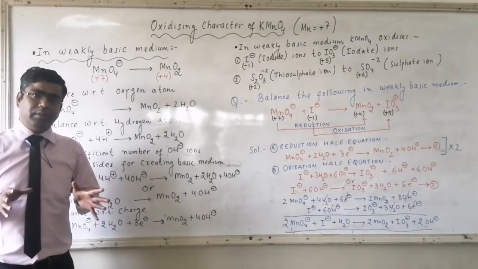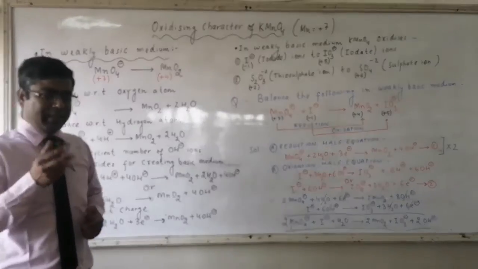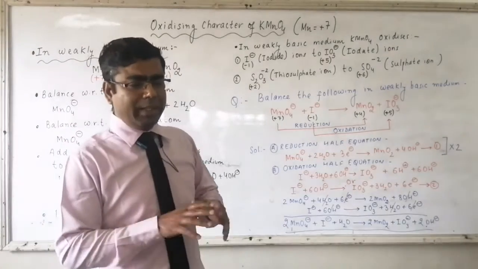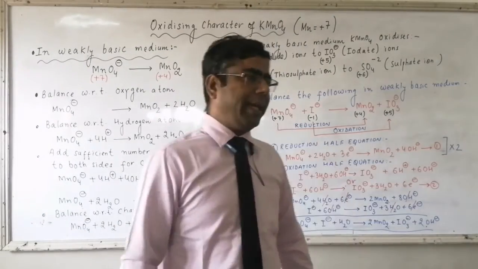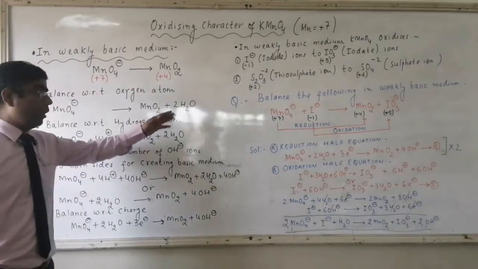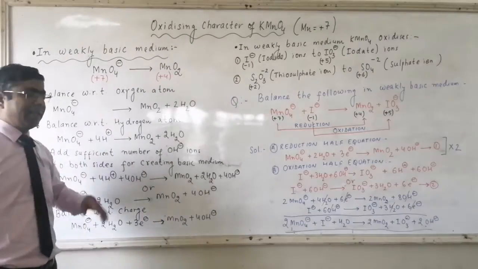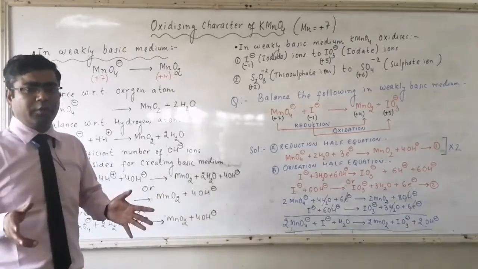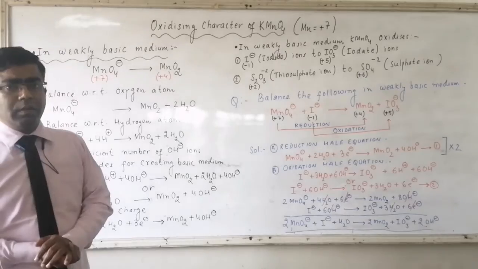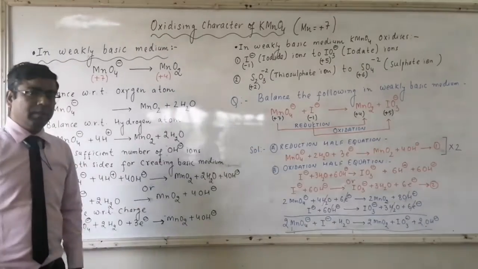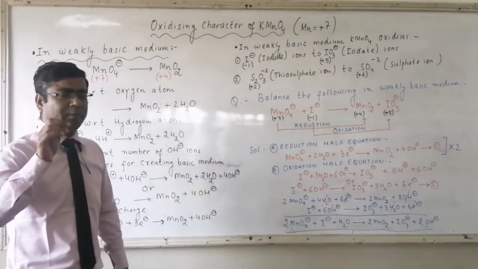And for this step, we add a sufficient number of water molecules. Now, step number 3: balance with respect to hydrogen. It is natural that when we add water molecules to the product side, the reactant side will fall short of hydrogen atoms. If we are adding 2 H2O, then on this side we have 4 atoms of hydrogen.